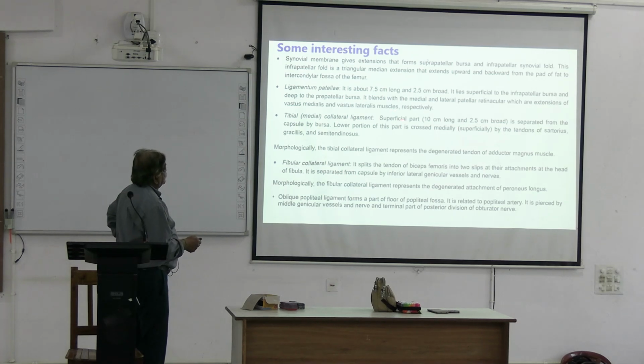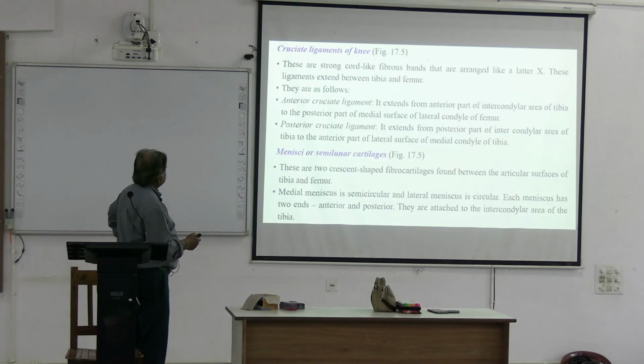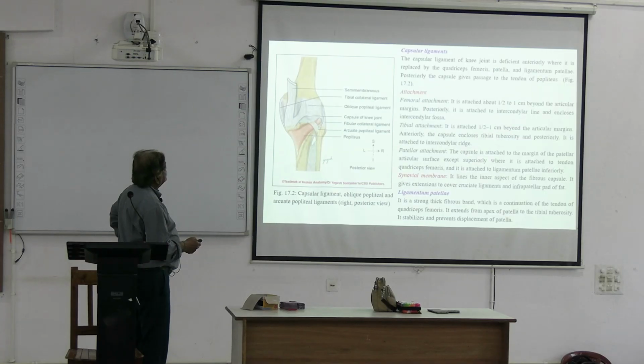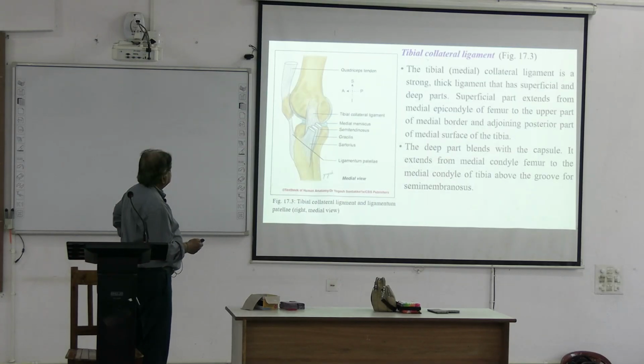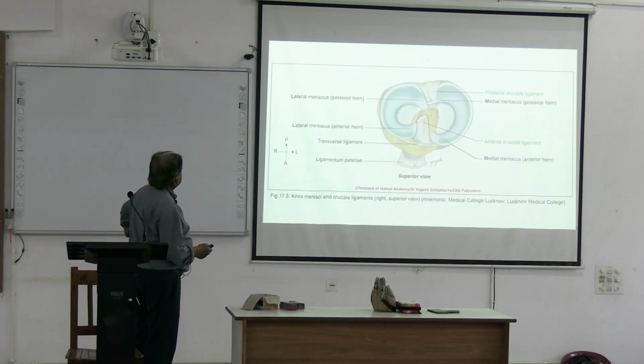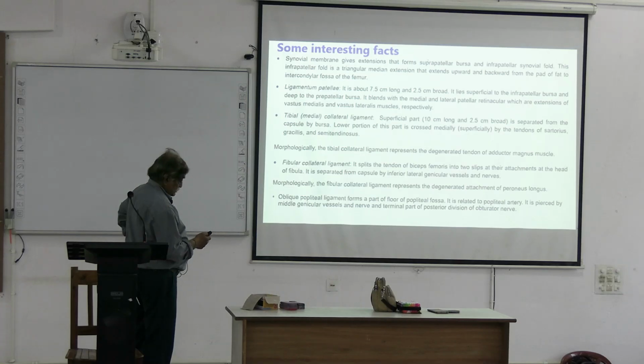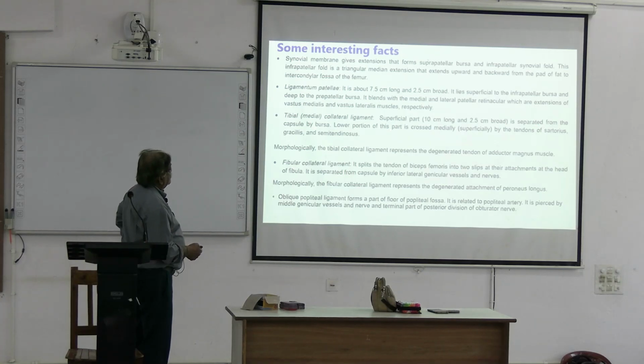Tibial collateral ligament, superficial part, 10 centimeters long and 2.5 centimeters broad, is separated from the capsule by a bursa. The lower portion of this part is crossed medially, superficially by the tendons of sartorius, gracilis and semitendinosus.